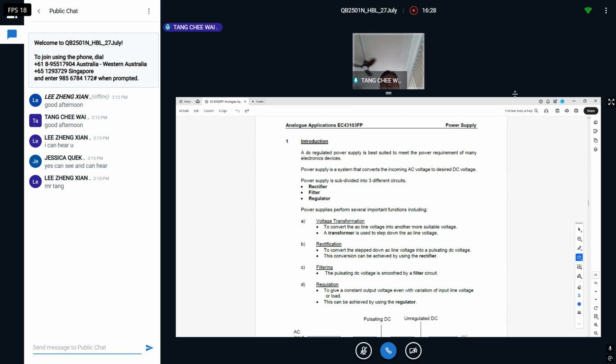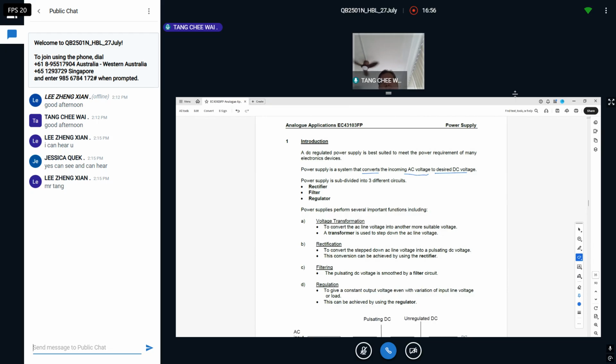Before we start, we first have to acknowledge one important thing: the voltage coming in to our power point is all AC, alternating current voltage. If we want to power up our laptop or desktop, we need DC voltage, so there is a conversion here.